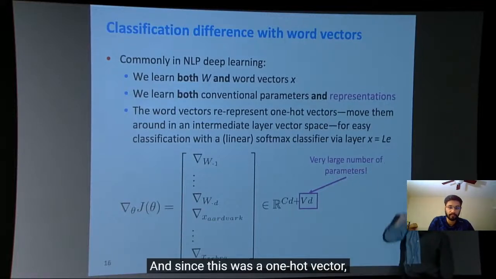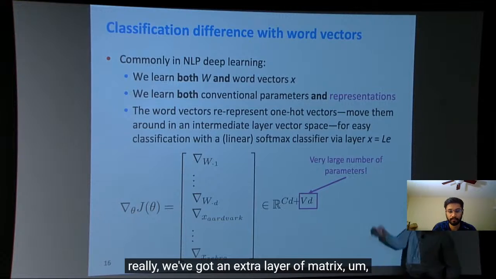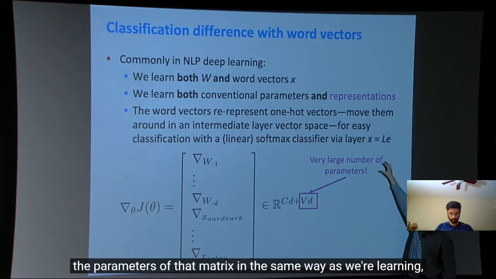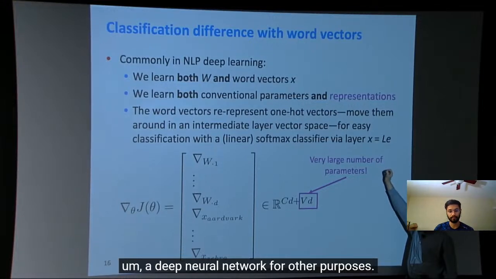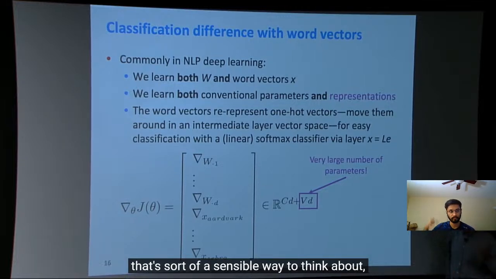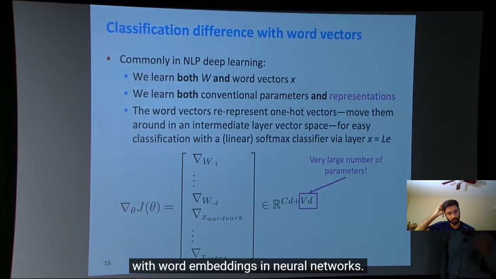And since this is a one hot vector, what that will have the effect of doing is taking out a column of L. And so really we've got an extra layer of matrix in our neural net, and we're learning the parameters of that matrix in the same way as we're learning a deep neural network for other purposes. So mathematically, that completely makes sense, and that's a sensible way to think about what you're doing with word embeddings in neural networks.